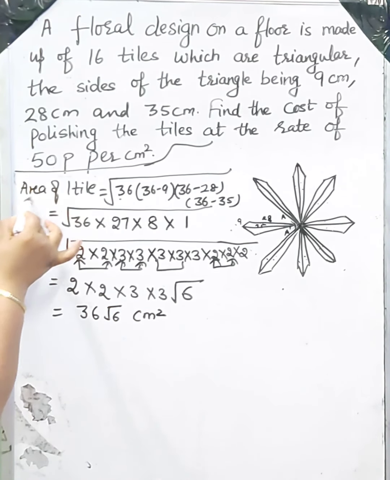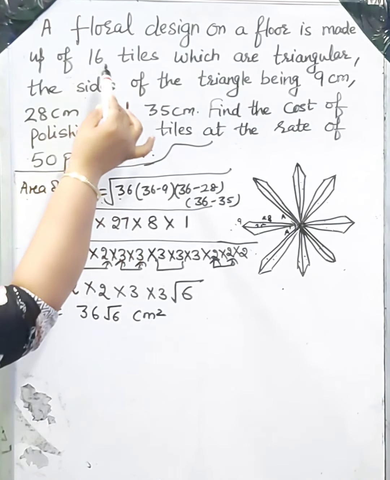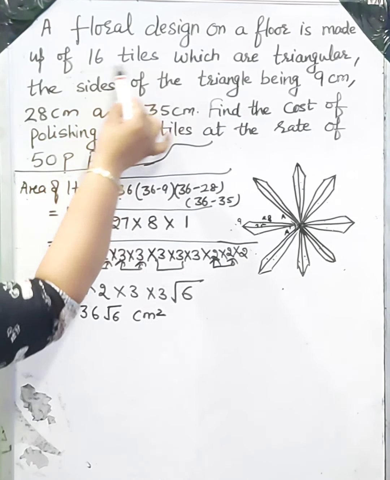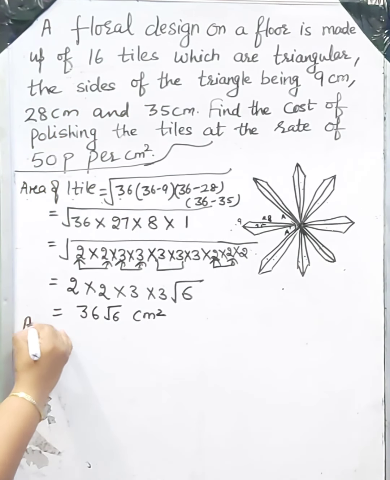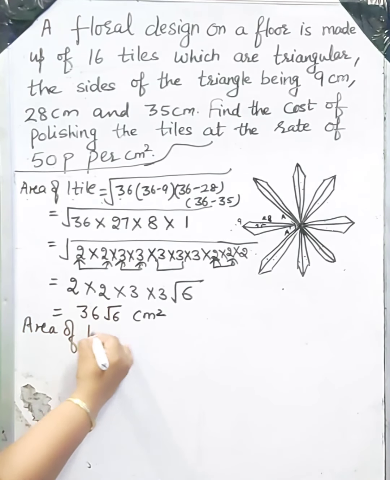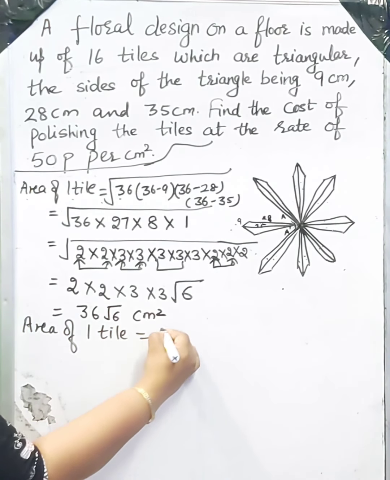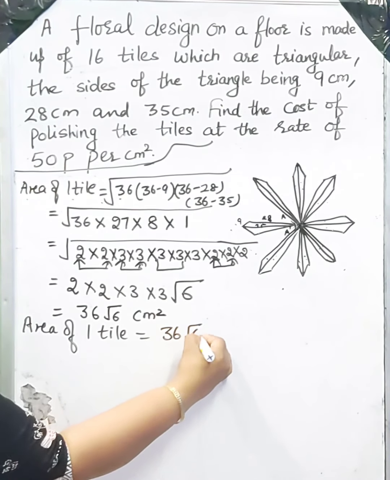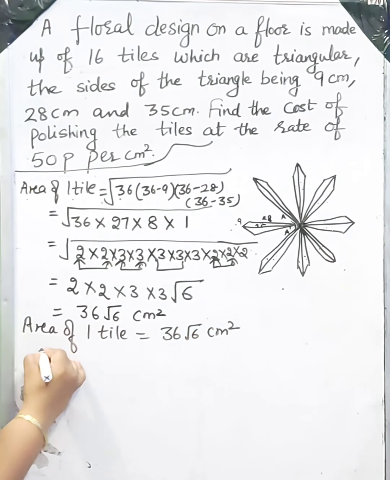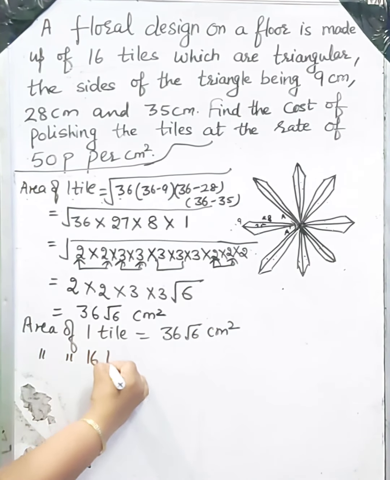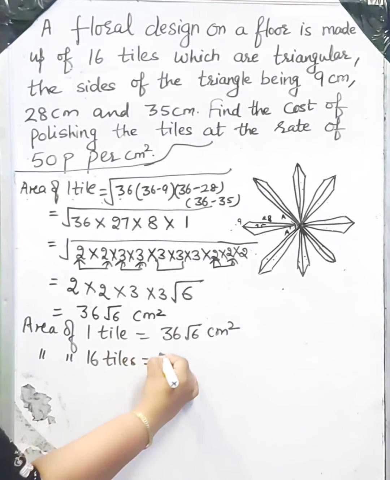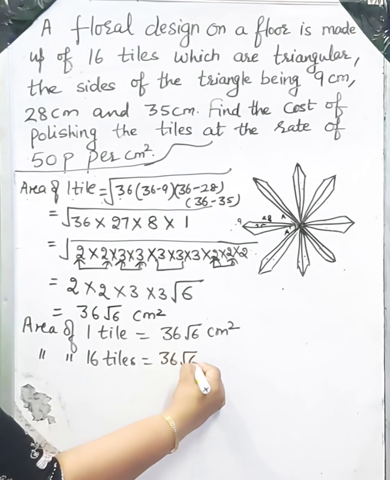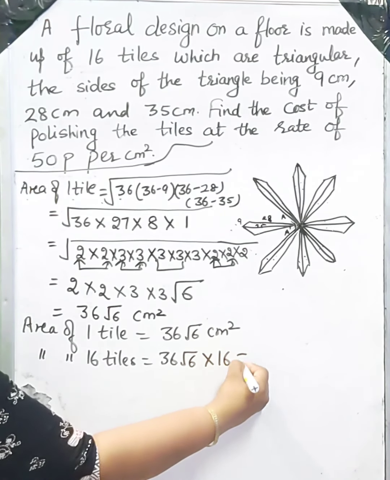square. Now this is the area of one tile, but we have to find the area of 16 tiles. Area of one tile equal to 36 under root 6 centimeter square. Area of 16 tiles equal to 36 under root 6 into 16.